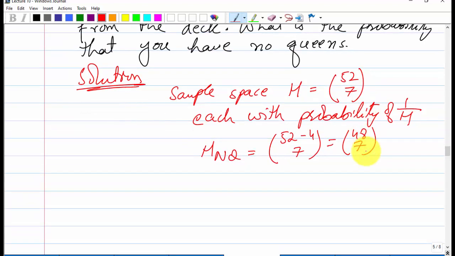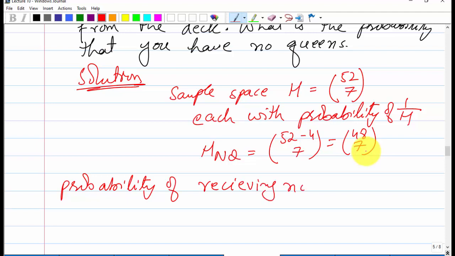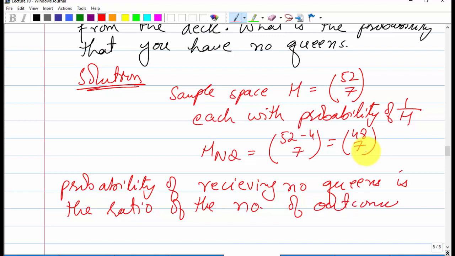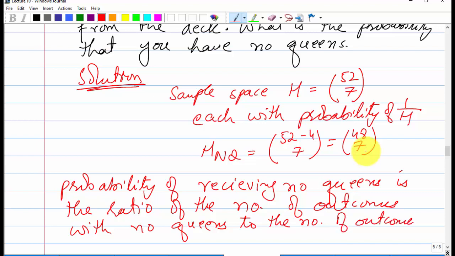So the probability of receiving no queens is the ratio of the number of outcomes with no queens to the number of outcomes in the sample space.